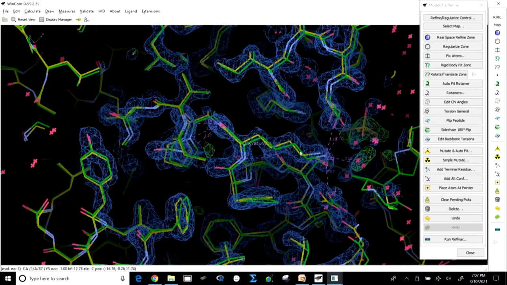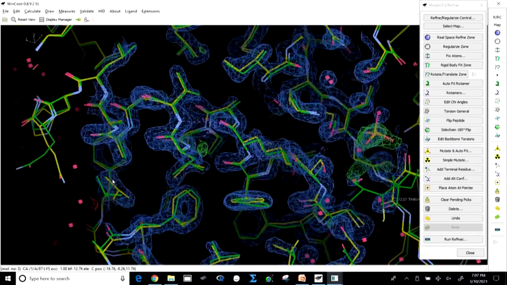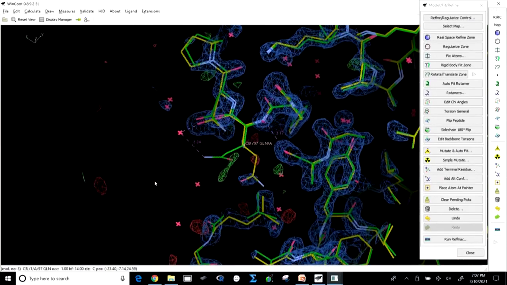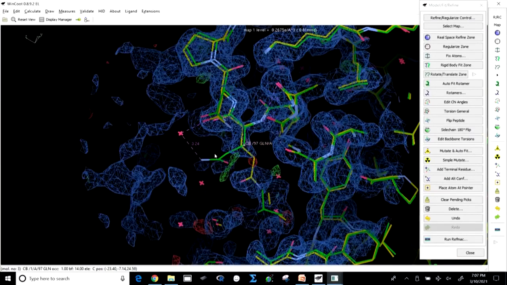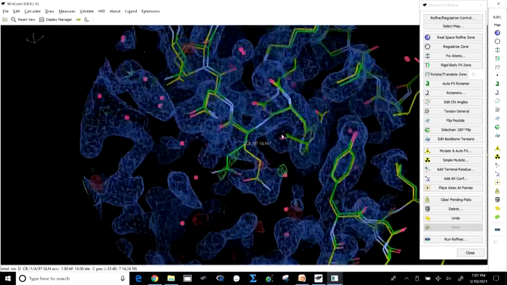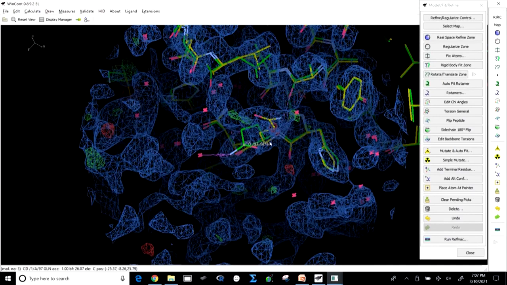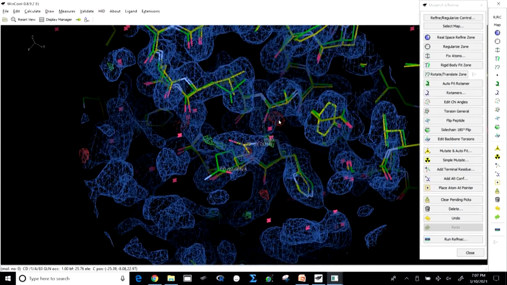Another thing is, sometimes you do not get a map for the other structure, because the map belongs to the GDN.